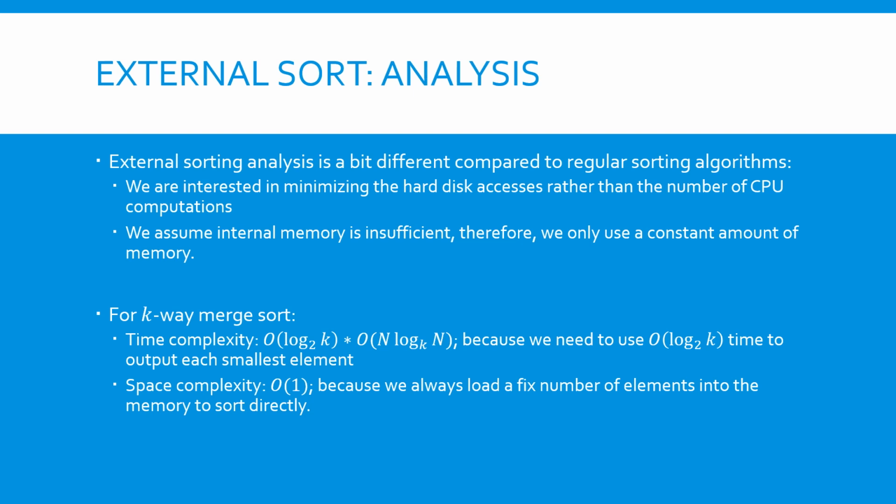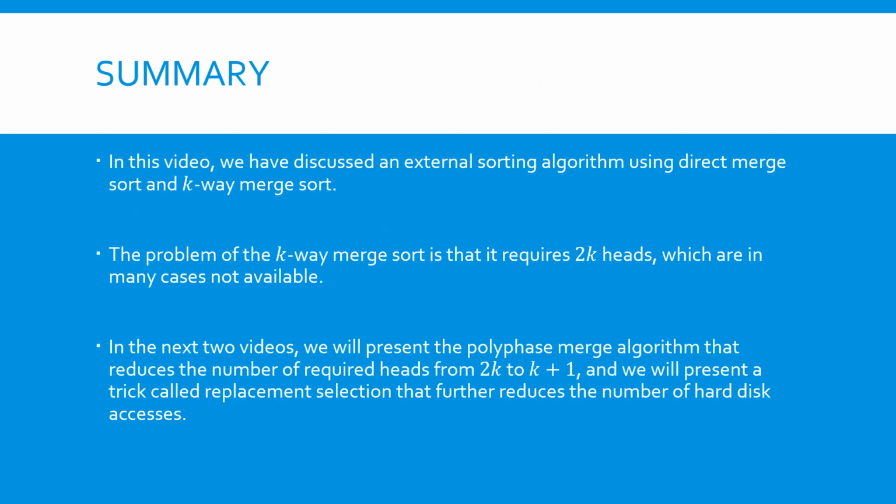So, the time complexity is increased to O(log base 2 k) times O(n log base k n). For space complexity, we only use a constant amount of memory space when we load a fixed number of elements and sort them internally.